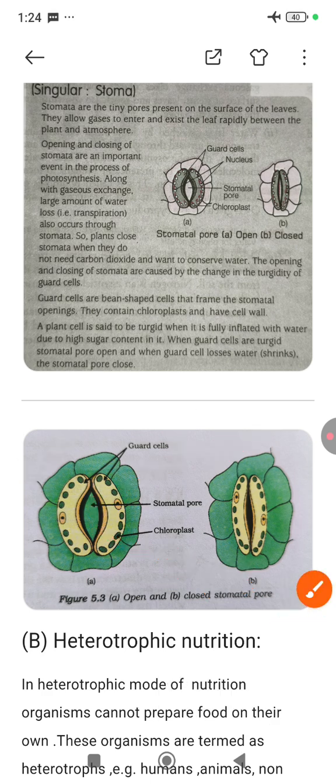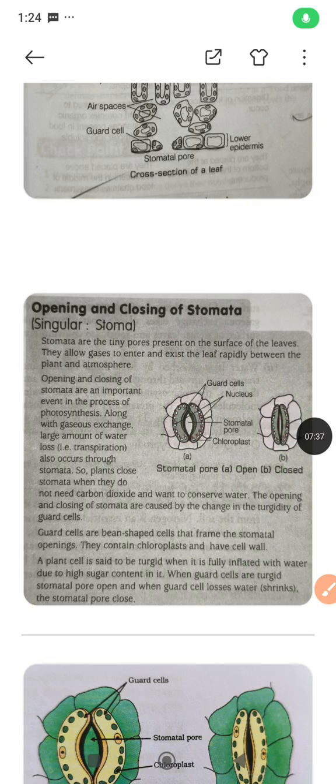Another function the stomata have is that the excess water of the plant's body can be removed with the help of stomata. Now try to understand how the stomata open and close.